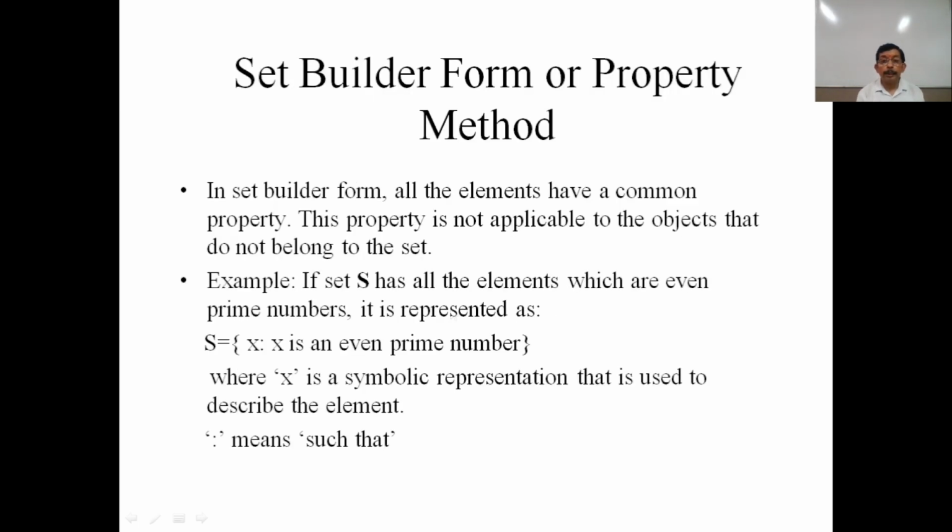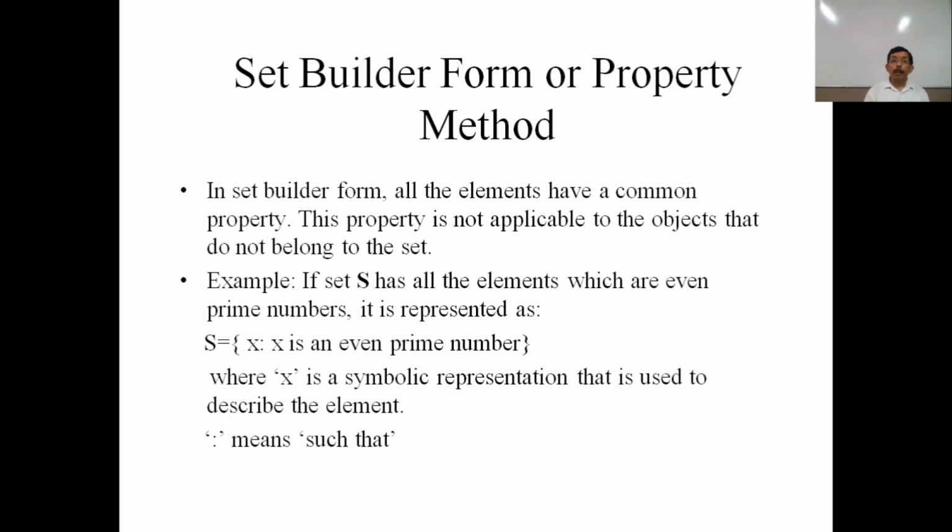Second is the set builder form, also called the property method or rule method. In this way, the elements of the set are defined by a property. For example, the set of all even prime numbers is written as S equals the set of x such that x is an even prime number.